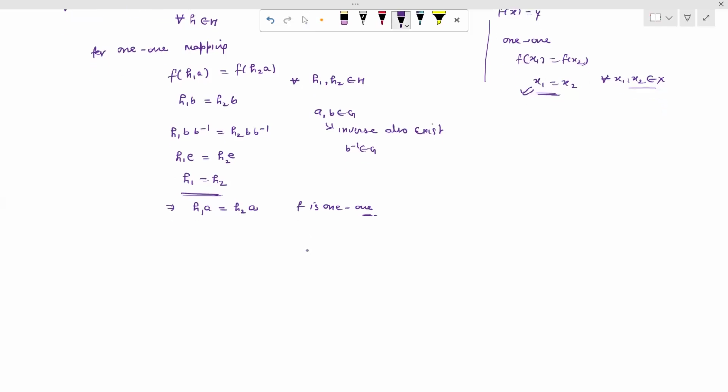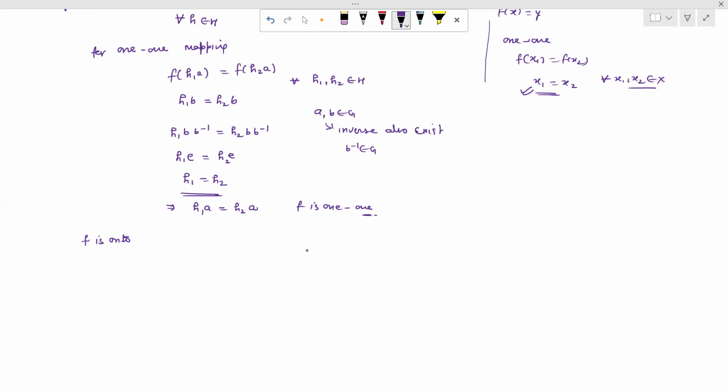Now we shall prove that function f is onto. For an onto function, we take an element y and prove that its pre-image exists in x.